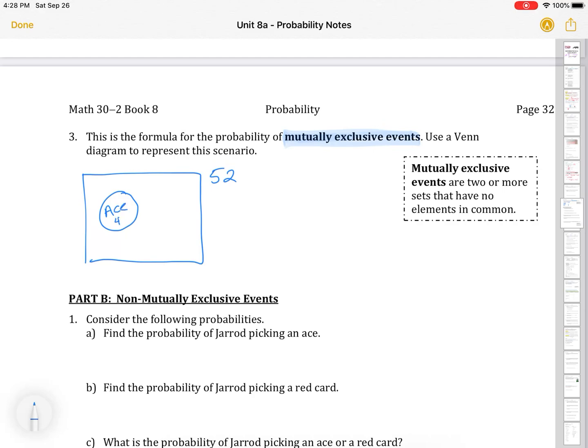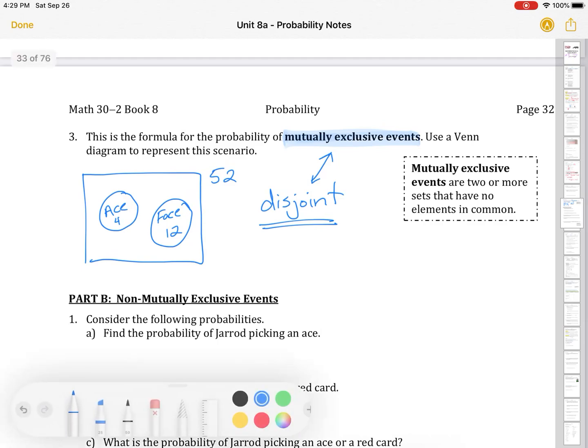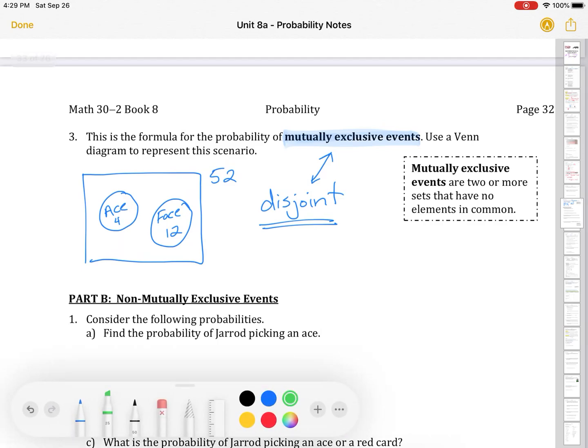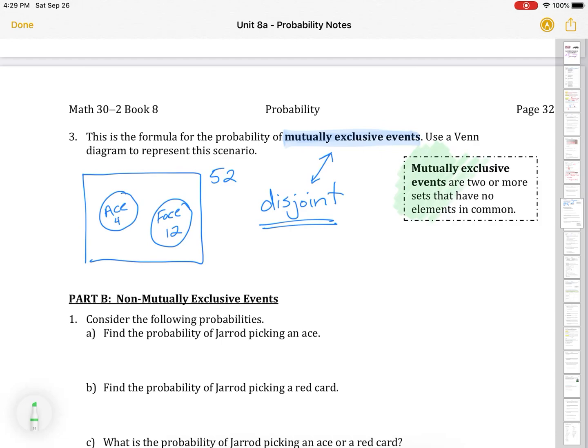And we can draw a Venn diagram to represent this scenario. Our universal set is 52. In there we have a circle that has the aces, which has 4, and the face cards, which are 12, right? These sets would be disjoint.